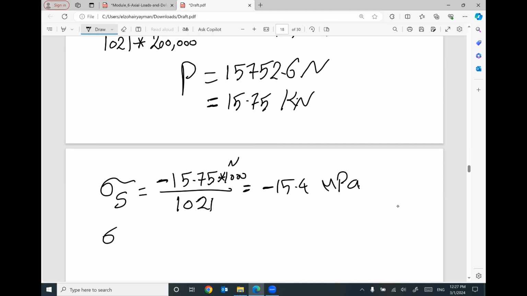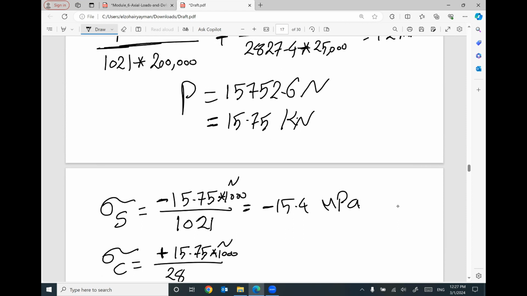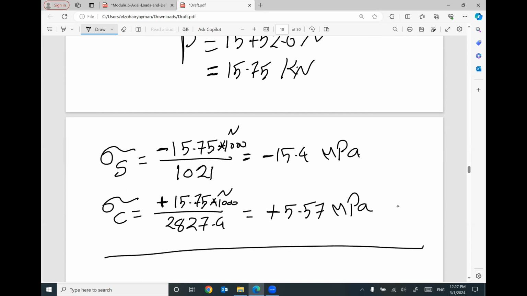And stress in concrete, this force is coming to pull the concrete up, so it will be tension. 15.75 kilonewton, I can multiply it by 1000 to be in Newton, divided by the area of concrete, which is 2,827.4. So the stress will be tensile. How much? 5.57 megapascal.